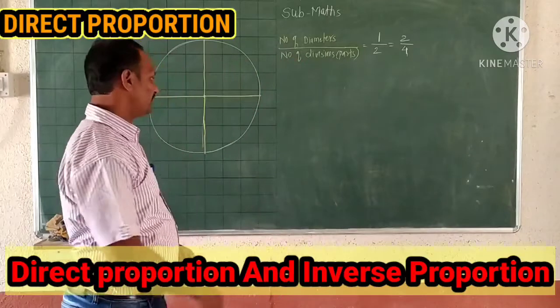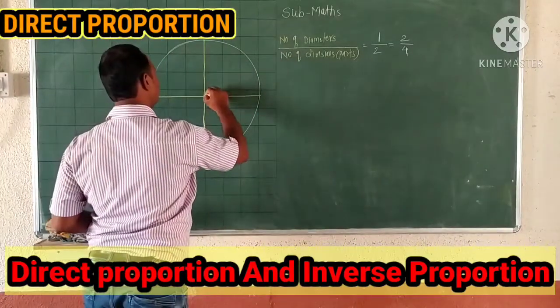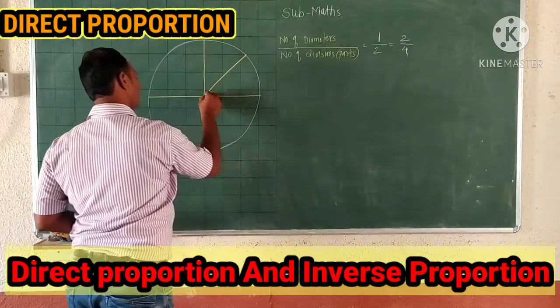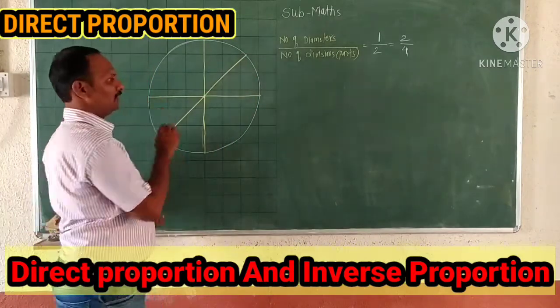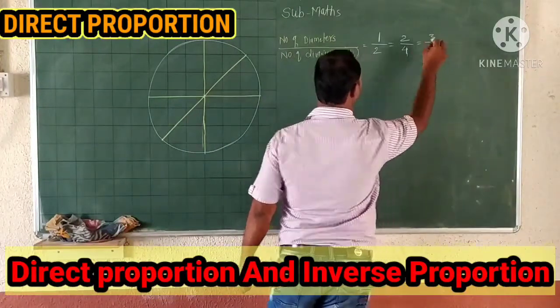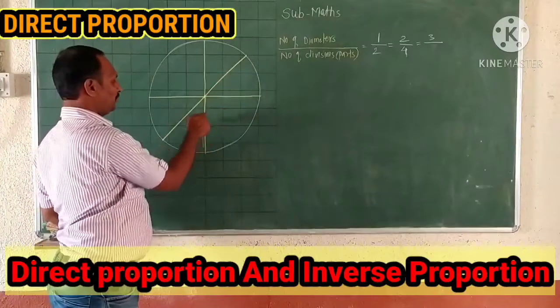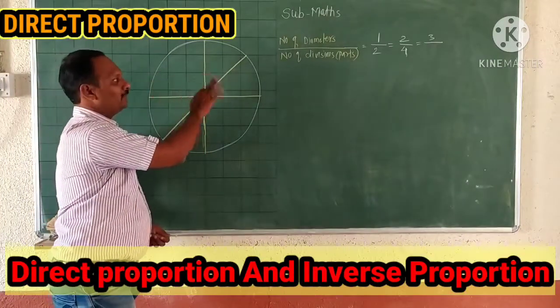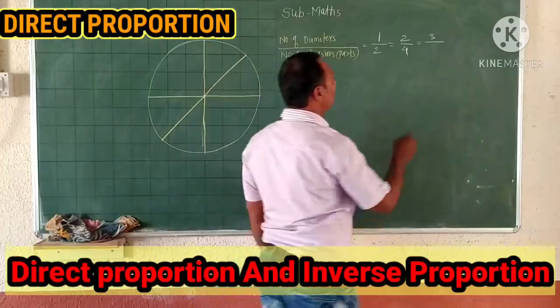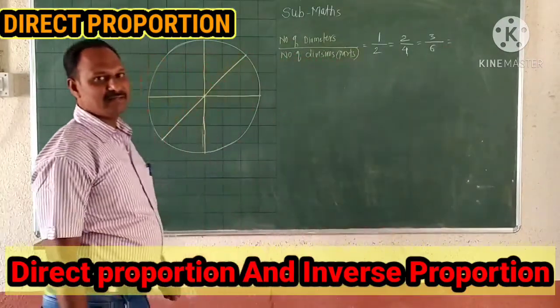Next, you can also draw a third diameter. Three diameters are there, and how many parts in total? 1, 2, 3, 4, 5, 6. Three diameters make 6 parts or 6 divisions.